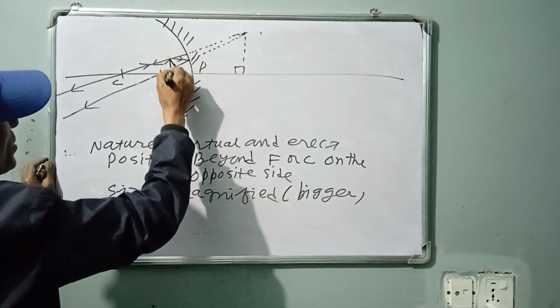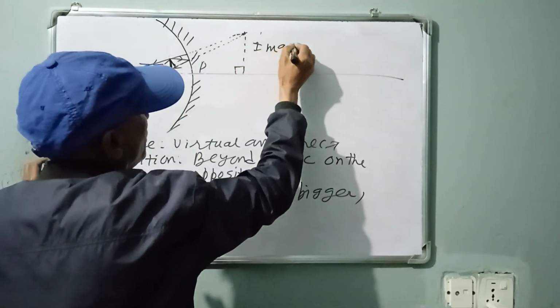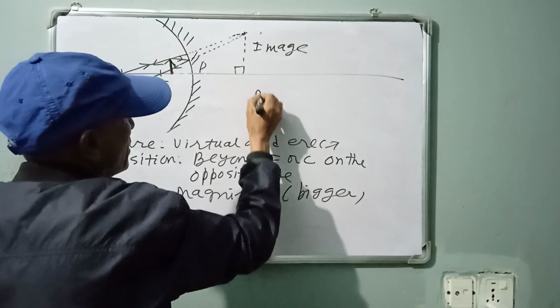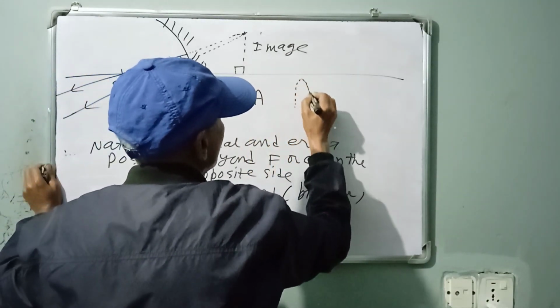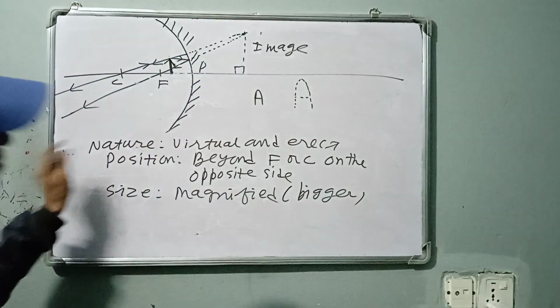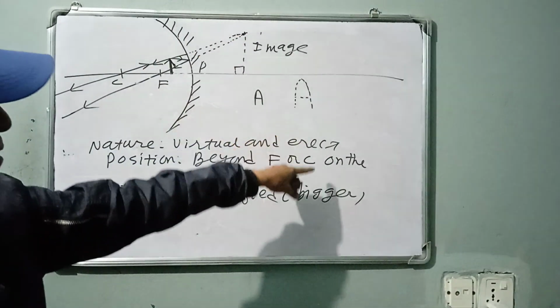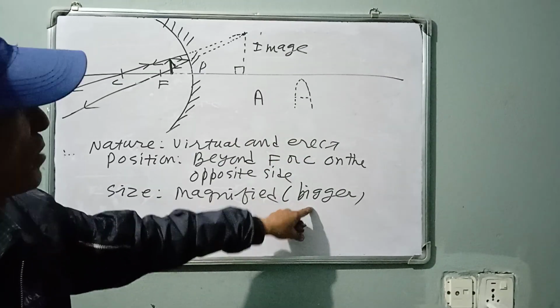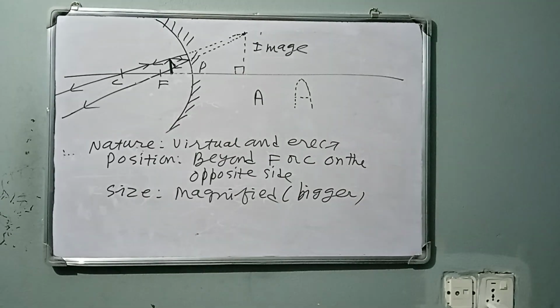This one is object, this one is image. A virtual, erect and bigger image is formed on the opposite side of the mirror. This was for today.